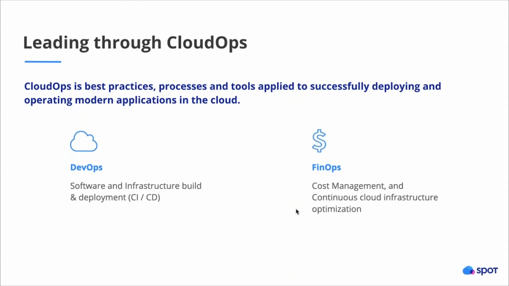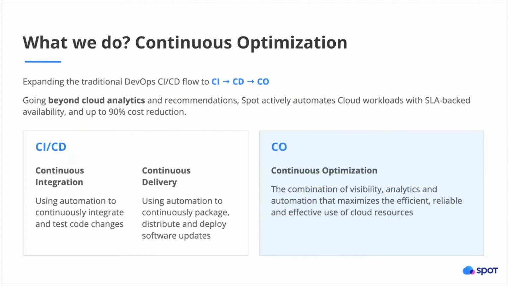And they use, obviously, the cloud providers to manage the infrastructure. And the other one is FinOps, so the entire world of cost management and continuous cloud infrastructure optimization. Essentially, the idea is you're continuously integrating, you're continuously deploying, you should also continuously optimize.